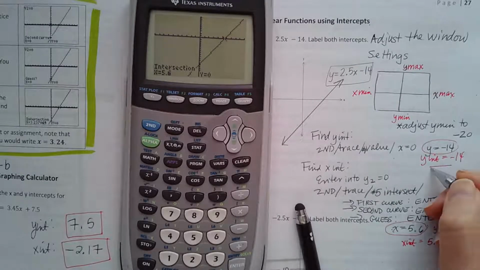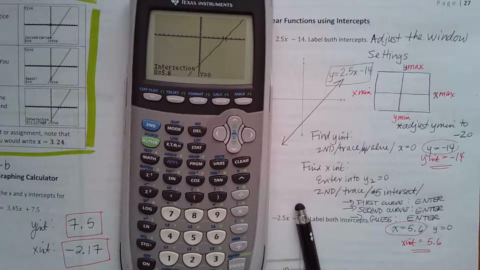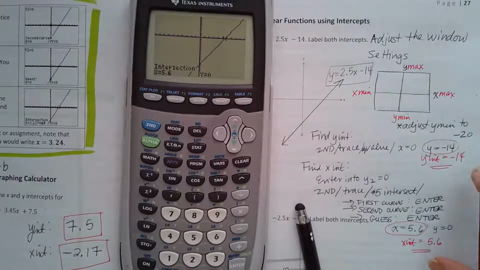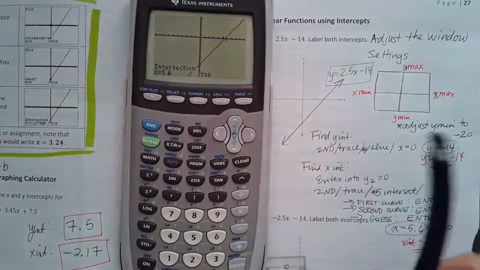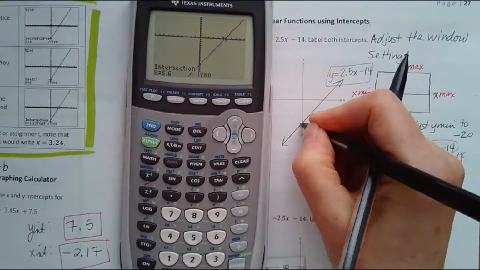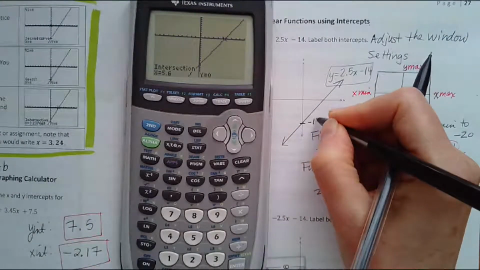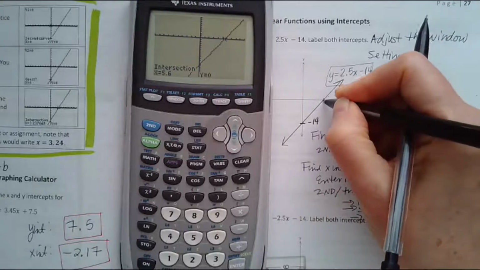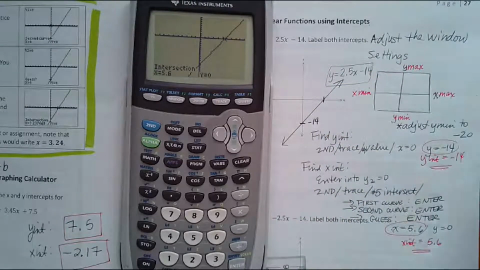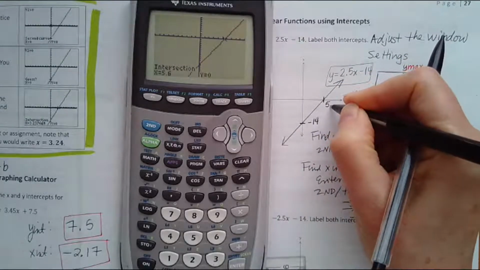Okay, so I got my intercepts. Now, what you have to do for the graph is identify these spots on the graph. So I'm just going to put a little slash here and put -14, and a little slash here and put 5.6.